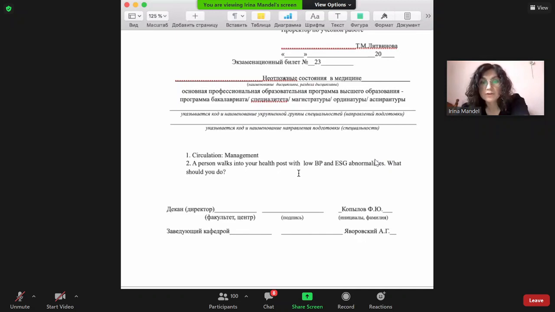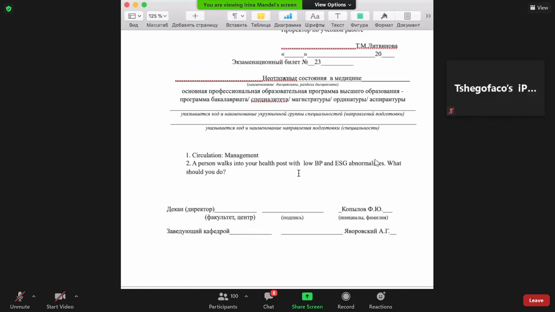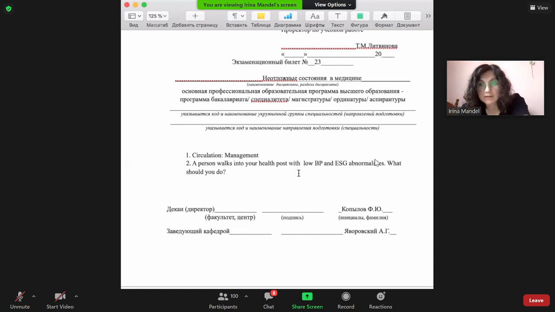And what should you do? You should do ABCDE. On the step C, where you find the low blood pressure and cardiogram abnormalities, you should provide the nitroglycerin spray under the tongue and the aspirin with the clopidogrel orally.